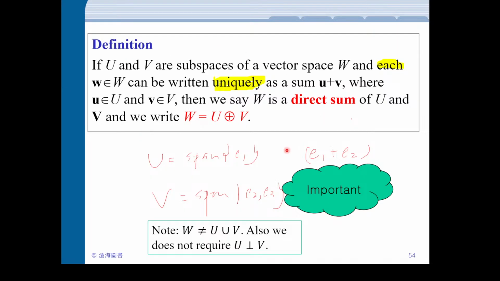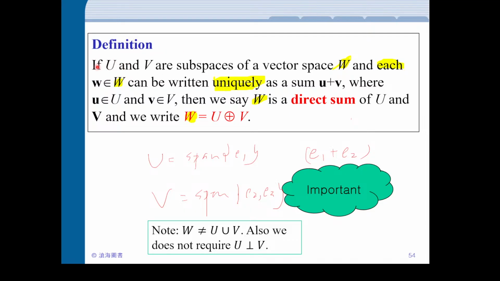Okay, so we say U and V are subspaces of W, and we say direct sum. W is the bigger space, and U and V are subspaces.